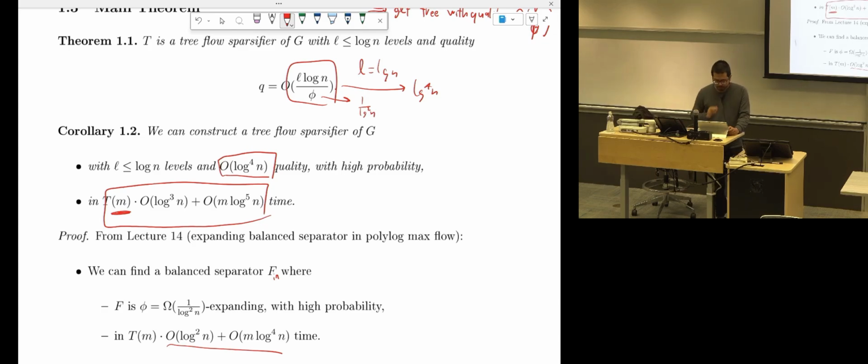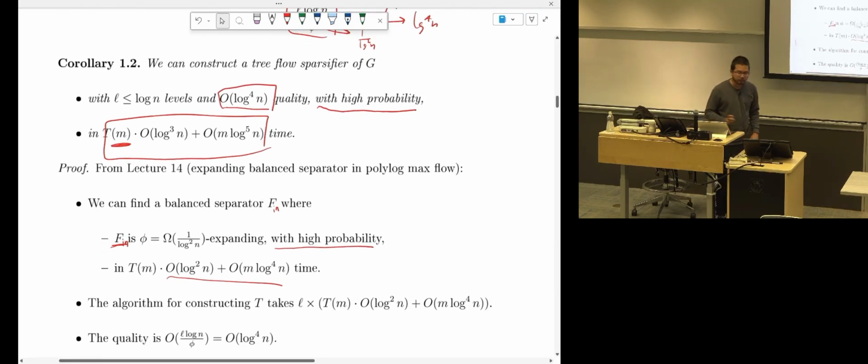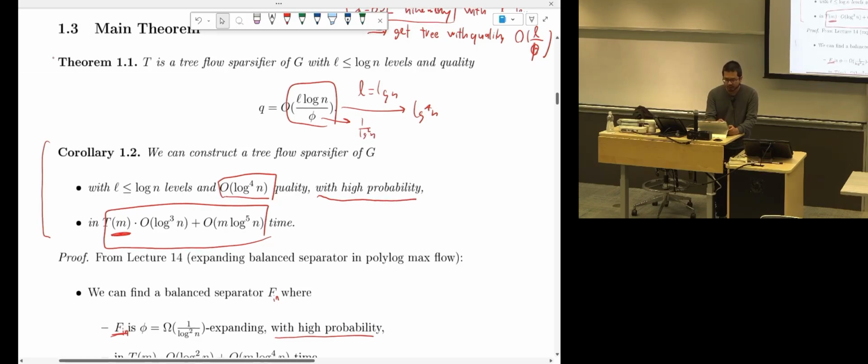And we only have this with high probability because F in here is expanding only with high probability. Okay. So if you believe in Theorem 1.1, then we get a fast tree-flow sparsifier with quality log to the fourth. The rest is about proving this main theorem.